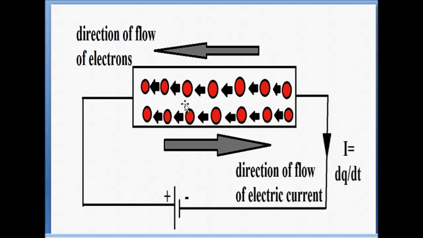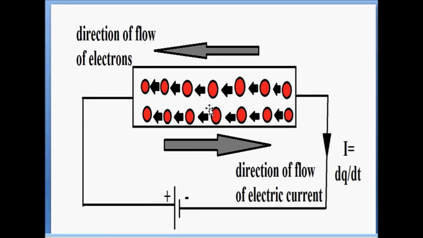The negative charge or the electrons are forced to move towards the positive terminal of the battery, while the positive charge, the protons, move towards the negative terminal. We have not depicted the protons or the positive charge, but they move towards the opposite ends, opposite polarities, positive towards negative and negative towards positive.